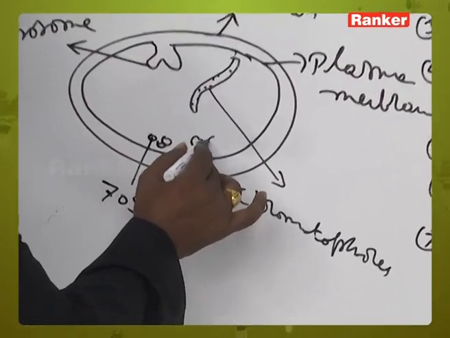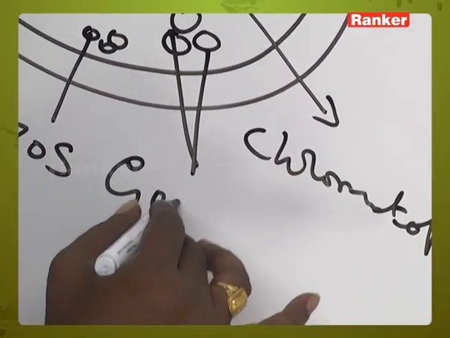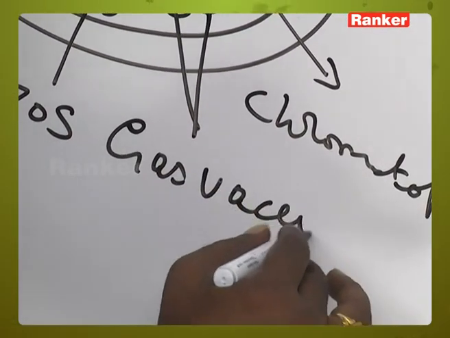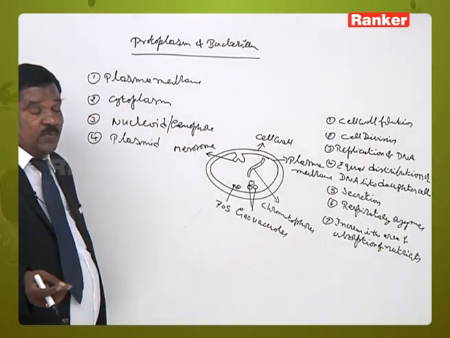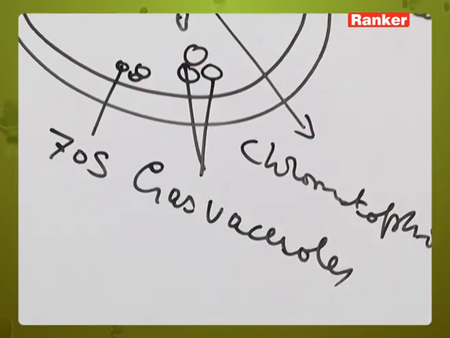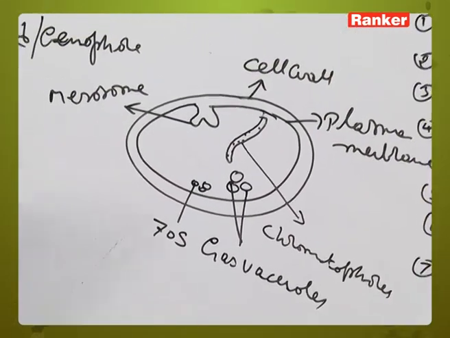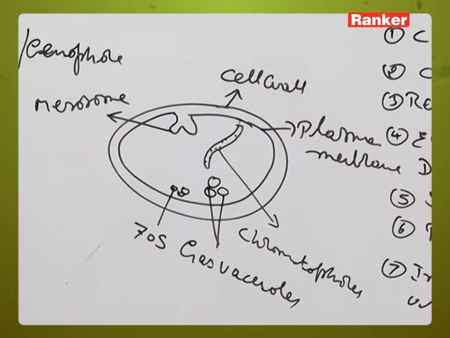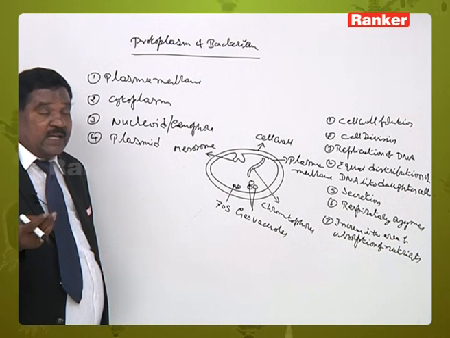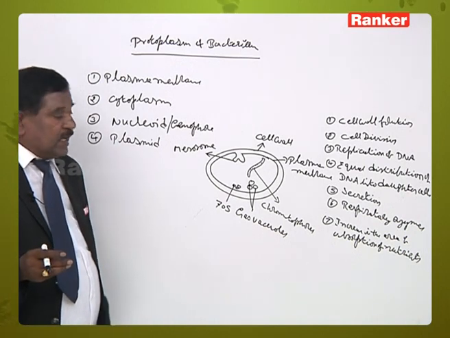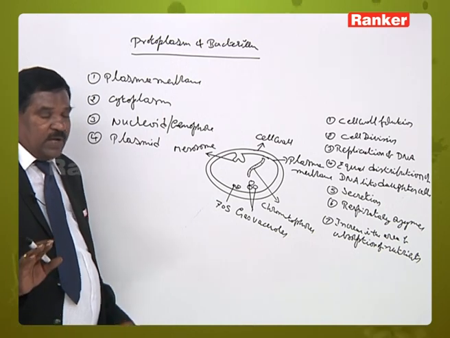Some bacteria consist of gas vacuoles. Which bacteria consist of gas vacuoles? Mainly photosynthetic bacteria that grow in water. Photosynthetic bacteria, photo means light, require light. Gas vacuoles are impermeable to water but permeable to air.